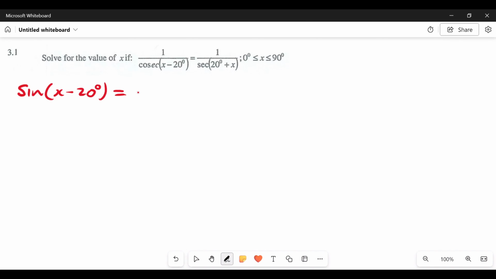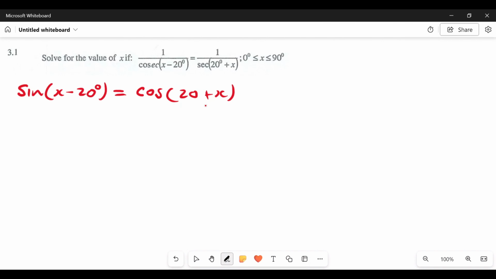Now we look at the right-hand side. On the right-hand side, we also have 1 over sec, open bracket, 20 degrees plus x, close bracket. This as well is an inverse. This is the inverse of cos of 20 degrees plus x.